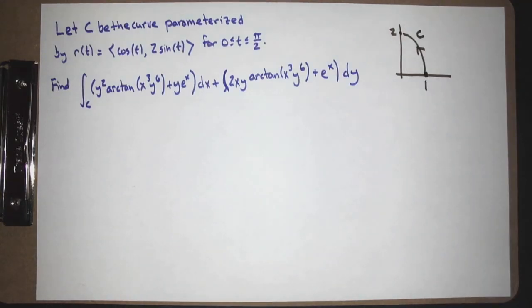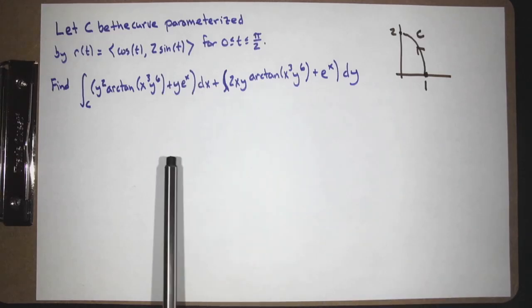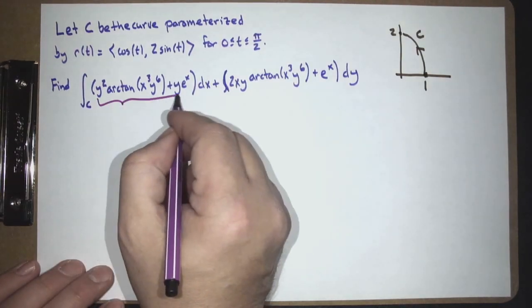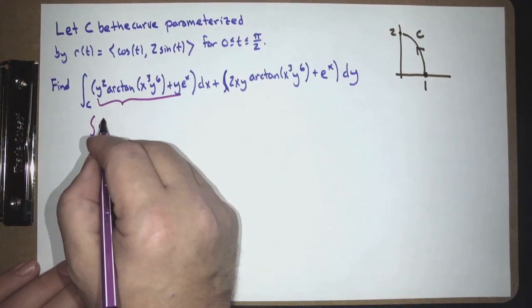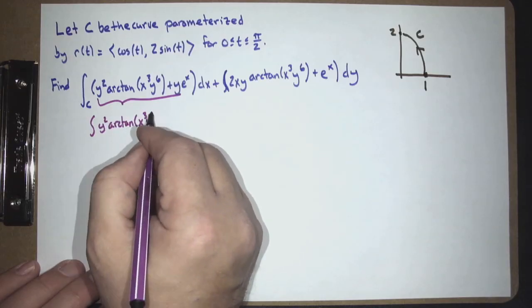Okay. Well, what are we hoping? We hope it's conservative, because we are not going to be able to do that if it's not. Okay, so no worries, right? All we have to do is think about, let's integrate this with respect to x.